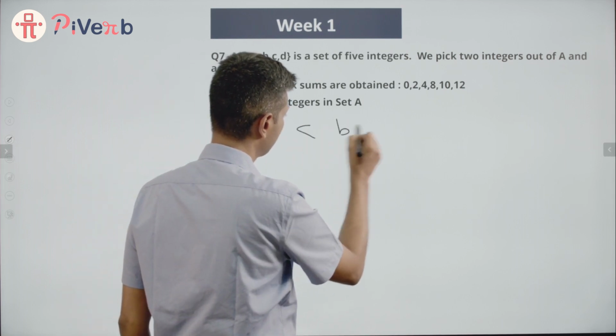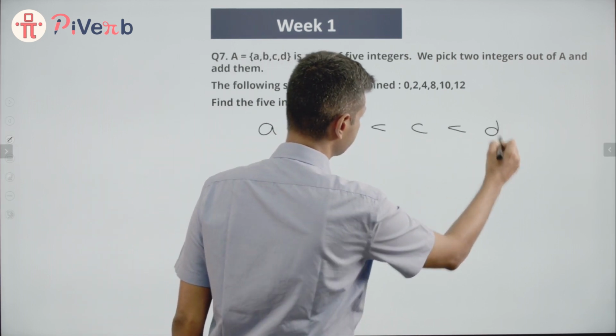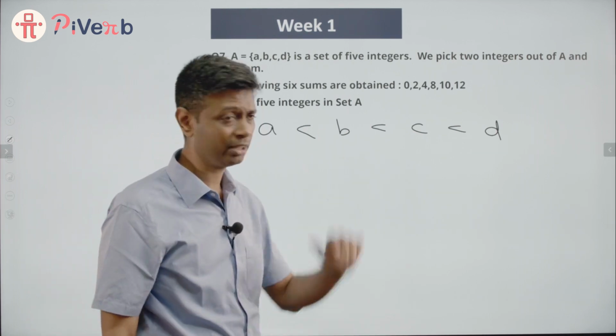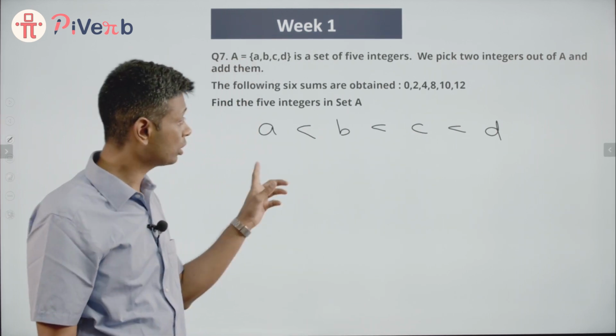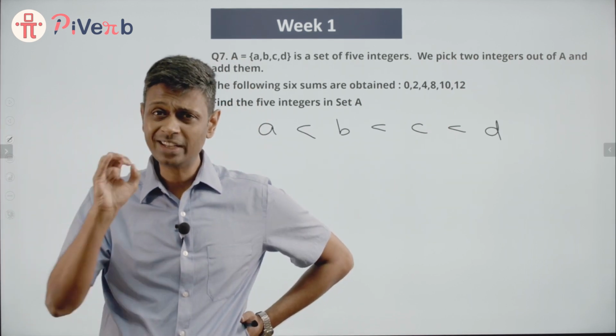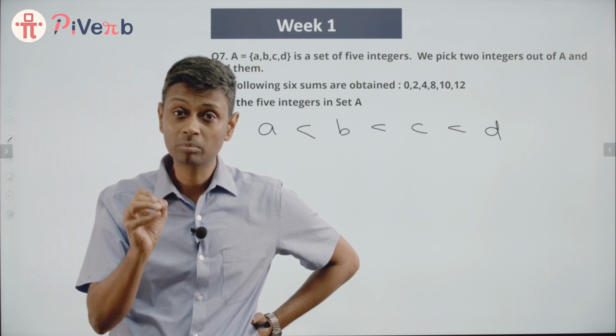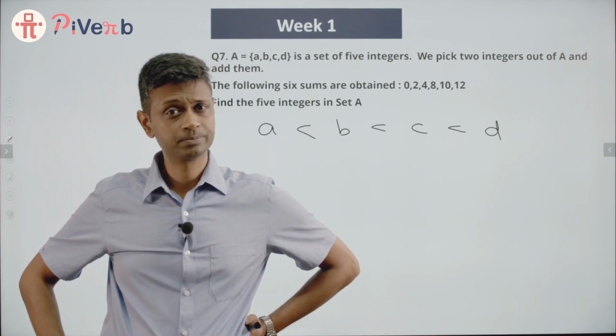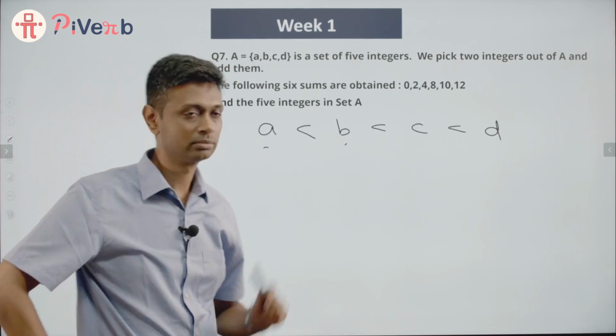Brilliant. Now we know A less than B, less than C, less than D. I'm adding them up. I'll get A plus B, A plus C, B plus D, C plus D, etc. Now I'm combining some 2 of them. In what instance will my sum be the least? When I'm adding these 2.